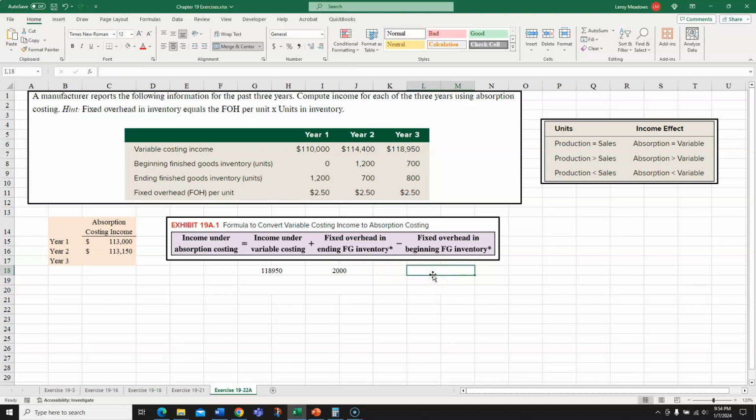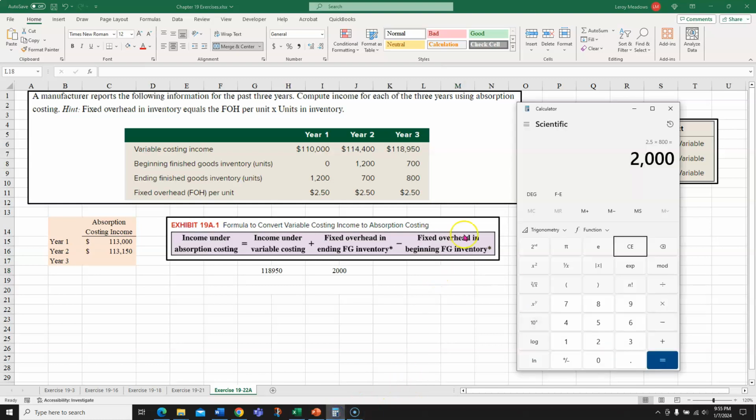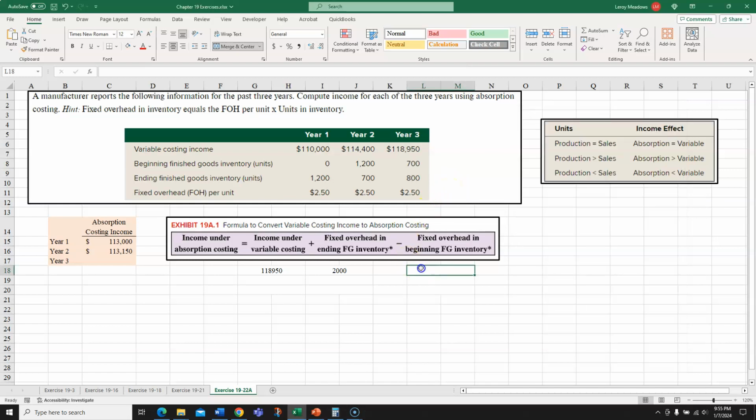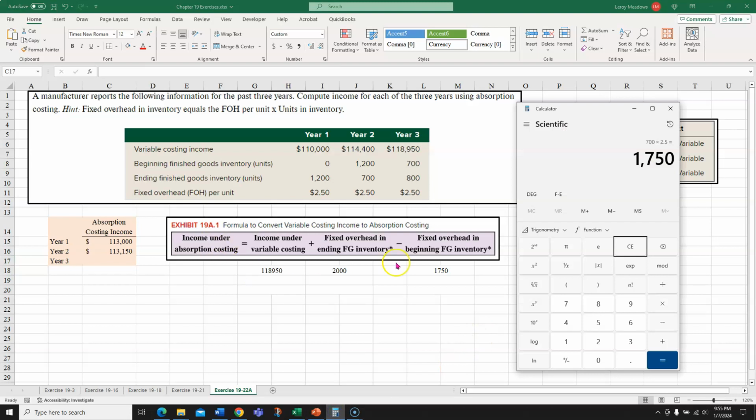Minus my fixed overhead in beginning finished goods inventory. So that was what? 700 units times 2.50 equals $1,750. Now I'm going to go ahead and add that up and then subtract this out.